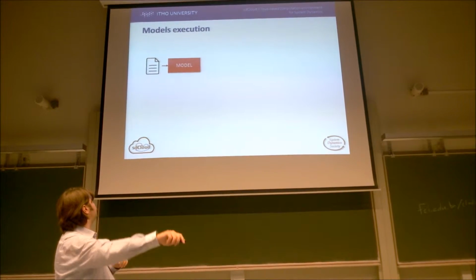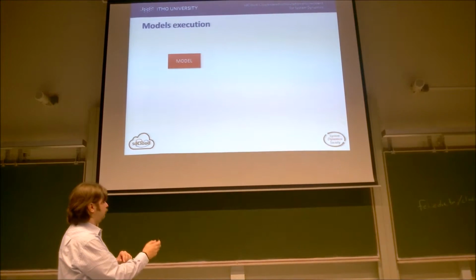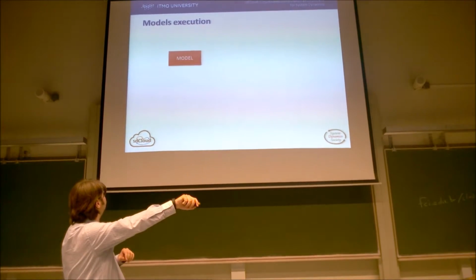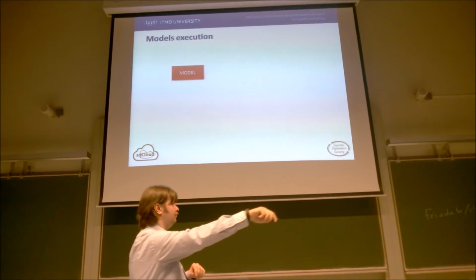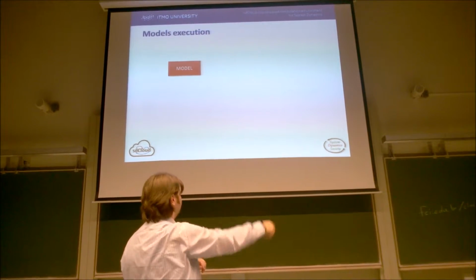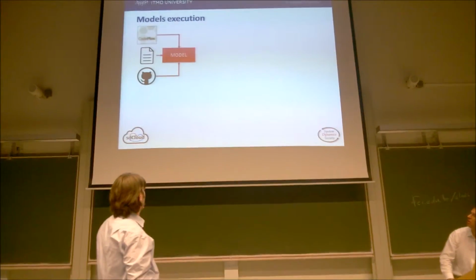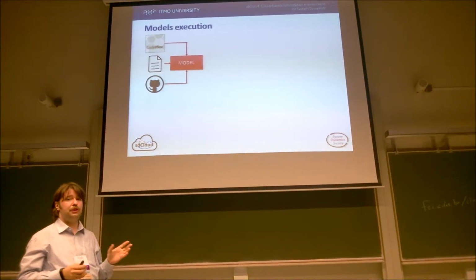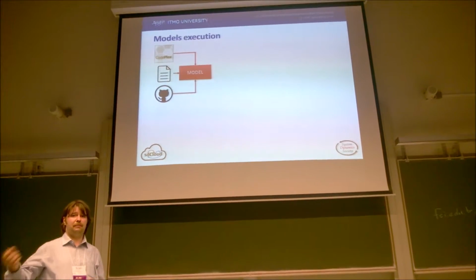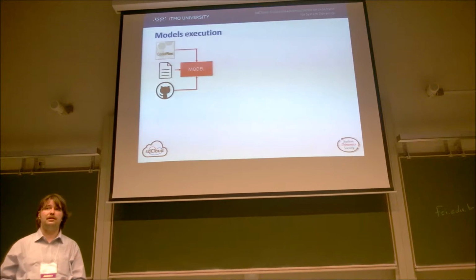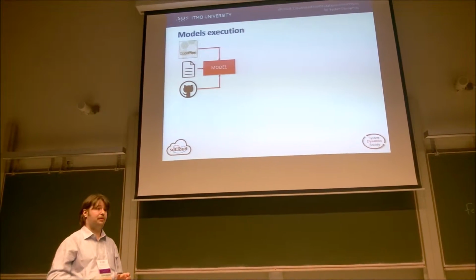So, why not allow users to just reference the models located in some other repos? You don't need to upload it. You can keep your repo with your models, and you can reference it from the cloud service.